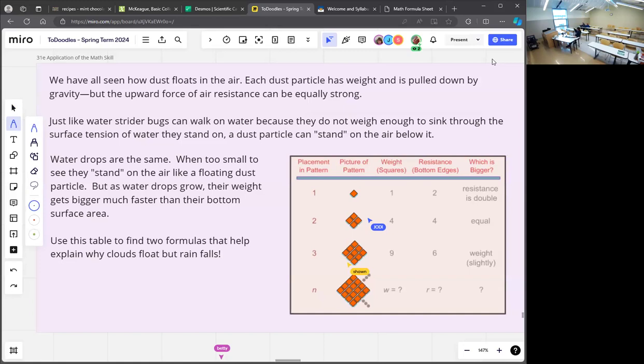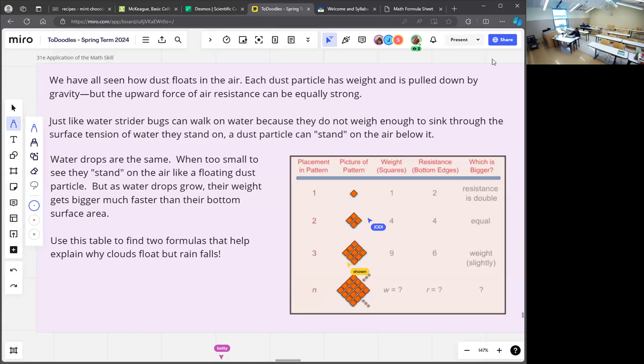Just like those little water strider bugs can walk on water, because they don't weigh enough to sink through the water's surface tension, the reason dust floats and doesn't just all fall down right away is that the dust particle has a bottom that is pushing against the air resistance, like putting your hand outside the window when you're driving a car.